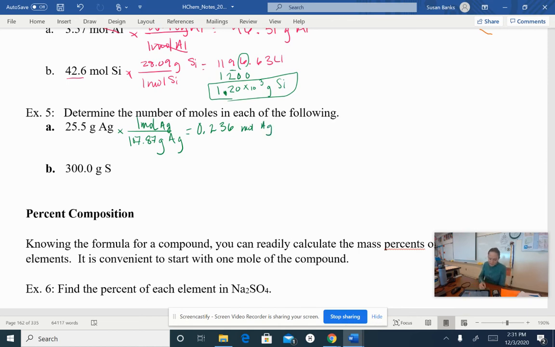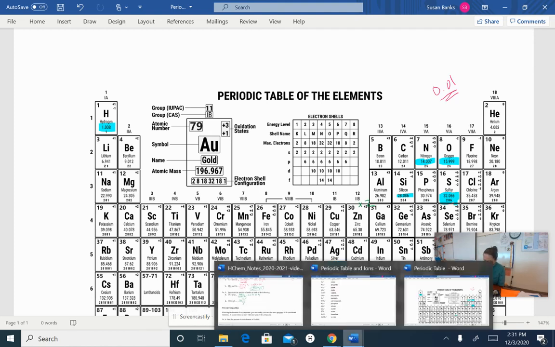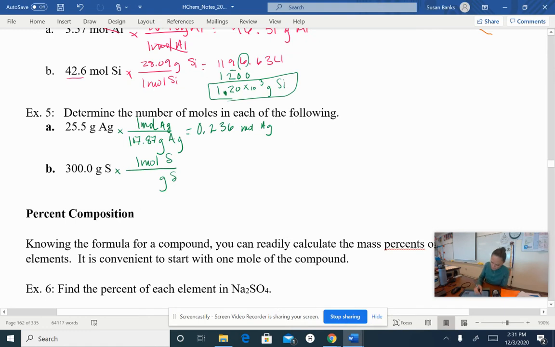Okay, how'd you do on that one? All right, next one, 300 grams of sulfur. Same setup. I need to find my molar mass of sulfur from the periodic table, and I need to then multiply it by 1 mole. So let's look up sulfur. Sulfur is 32.066. So 32.07 is what we're going to round this to. 32.07 grams.